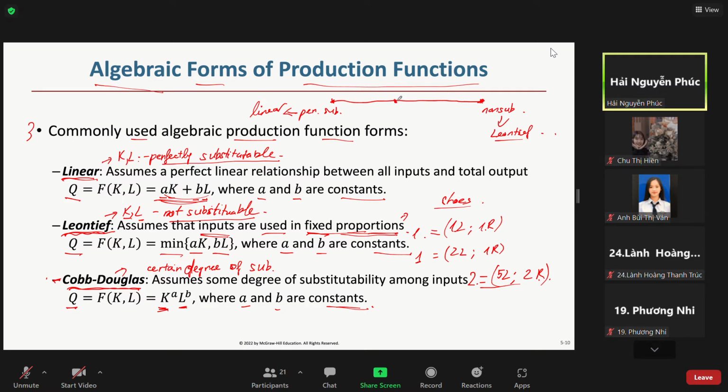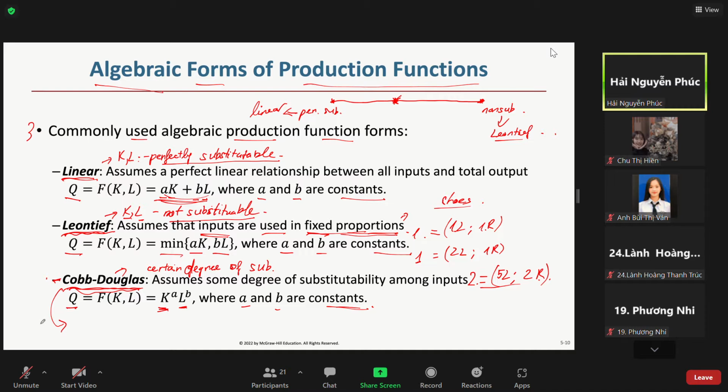Here is the Cobb-Douglas function between these two extremes. It allows a certain degree of substitutability among the inputs, right? And often in practice, economists use the Cobb-Douglas function to discuss the cost of production, the combination of inputs, right?